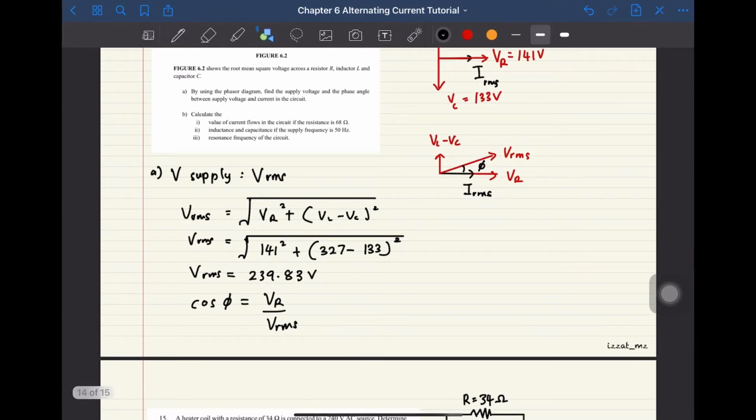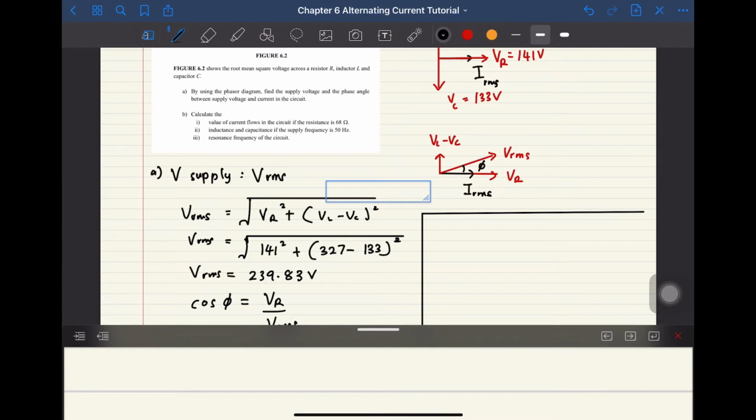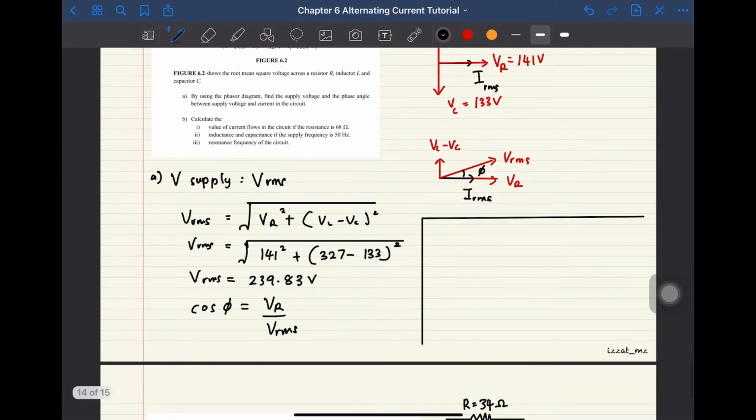So I'm going to draw it over here. Your phi is basically the inverse cos. Again, double check what mode you use in your calculator. So VR is 141 divided by VRMS, which is 239.83.